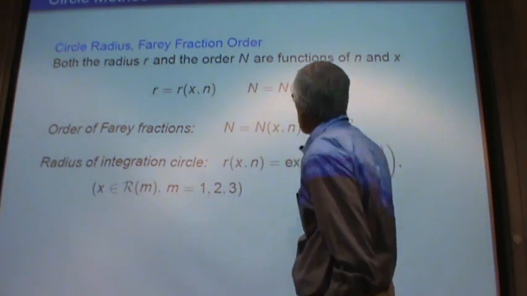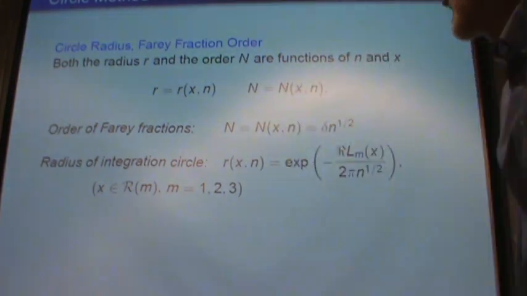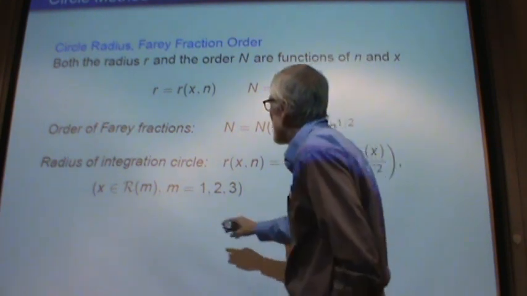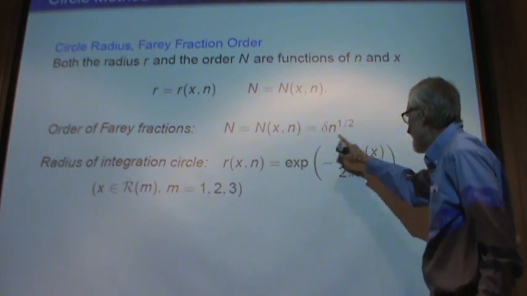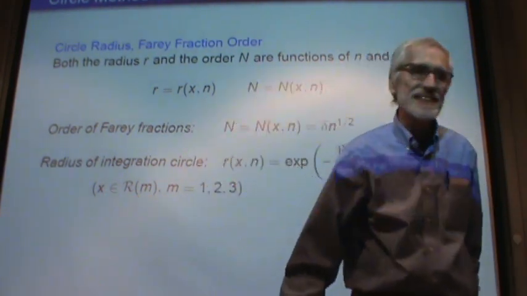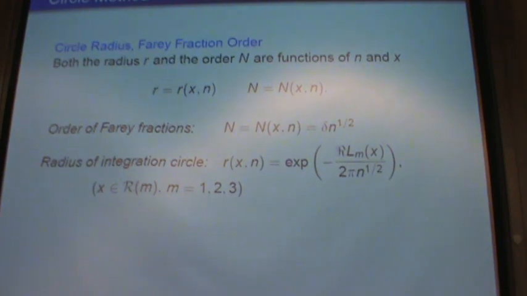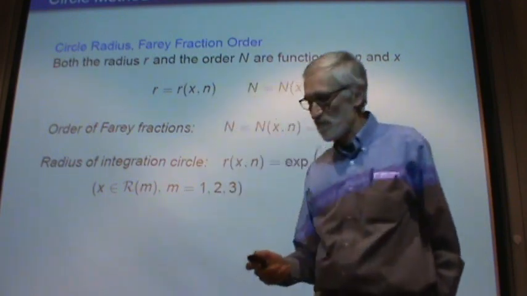Now, since we're evaluating a polynomial, these will also depend on the evaluation point x. So the radius of the circle is given in terms of this formula, so it depends on where we choose x inside the unit disk, in which of these regions. All right, so to start the method, you really have to know the end result, because you're putting the radius in terms of the region.